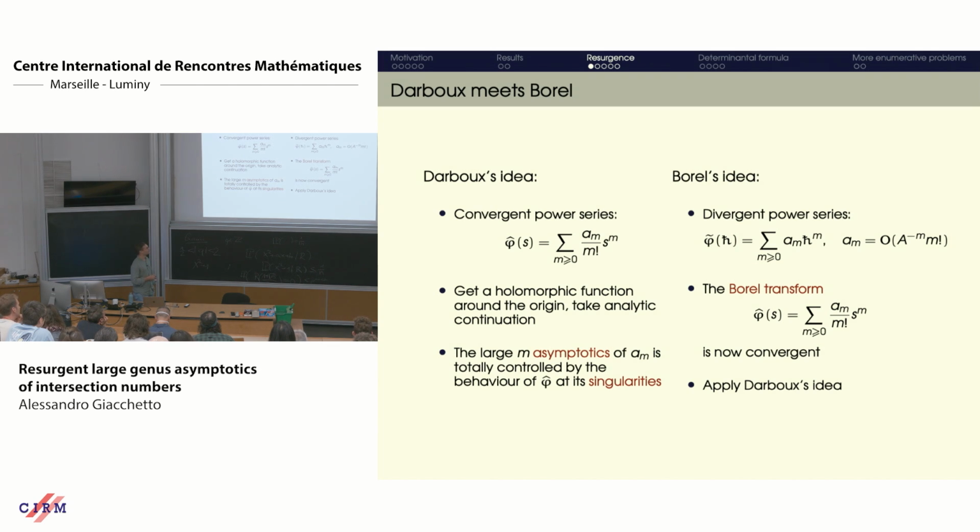You can achieve this by taking the same series but dividing all coefficients by their factorial growth. This is called the Borel transform. Now you get a convergent series, and now that you have a convergent series, you can go back to Darboux and apply the same method to get the large order asymptotics of the coefficients of your original divergent series.